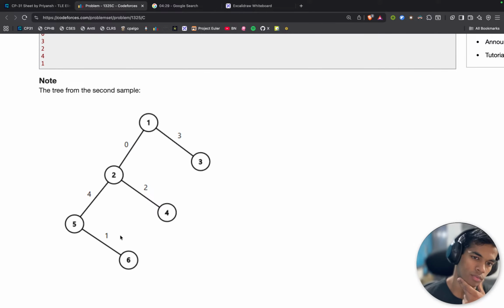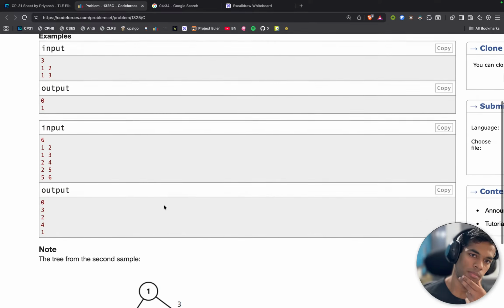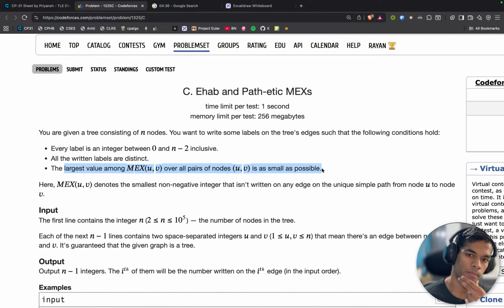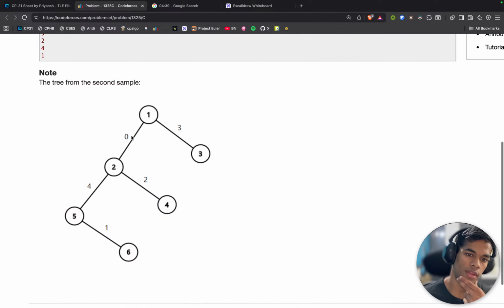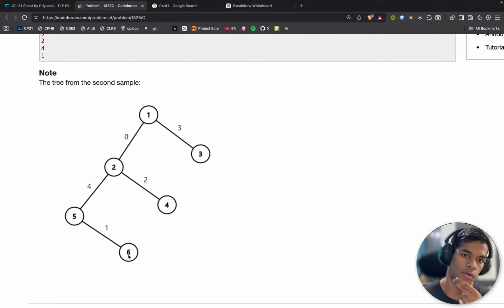Max is going to be 2 here. Because when we look at the simple path from 1 to the 6th node, the max is 2. Max is 2 because 2 is the smallest positive integer that is not on this simple path: 0, 1 and 4. 2 is the smallest number that is not among 0, 1 and 4.